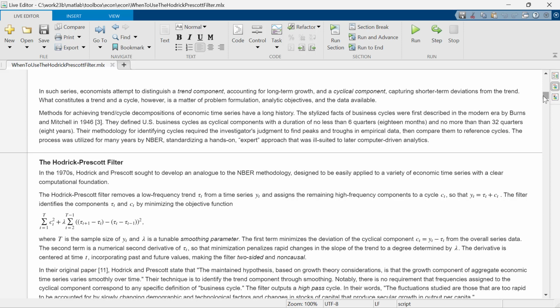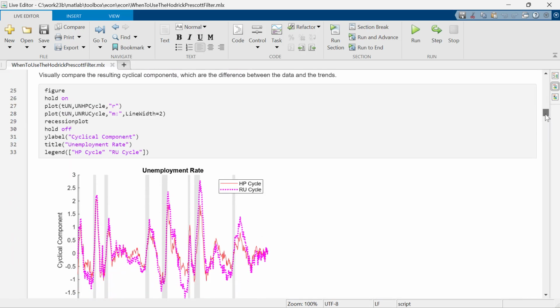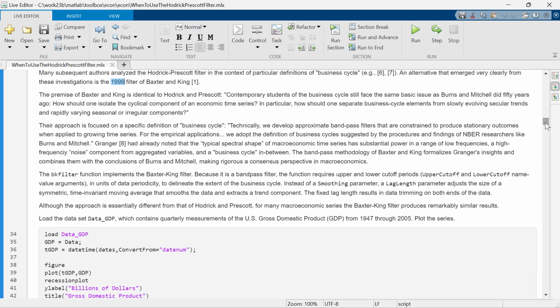Those were the two default cutoffs that they wanted to work with. But of course, those are parameters that are used in the filter, and you can set those cutoff periods to whatever you choose to make your own definition of business cycle.